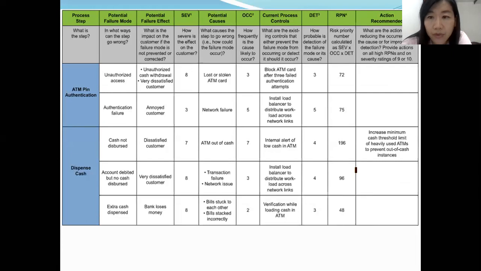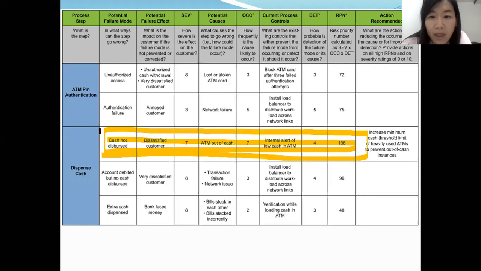We are trying to see which RPN is the higher. We can see here, when we go to the ATM, this is the problem that the company tries to identify, and this is the failure that is categorized at the high risk priority number. This is talking about the ATM has not dispensed. When we go to the ATM and we don't get the money that we want, that causes dissatisfied customers.